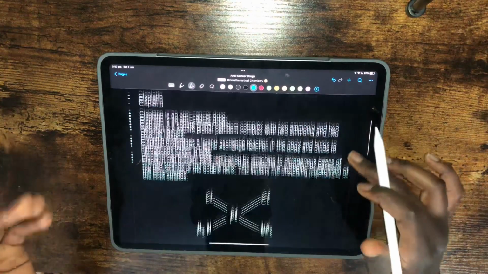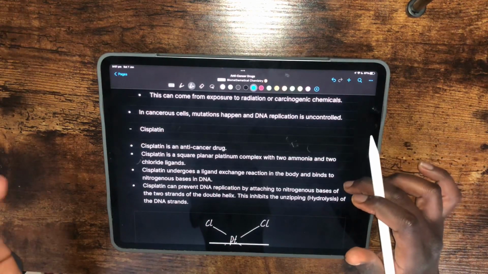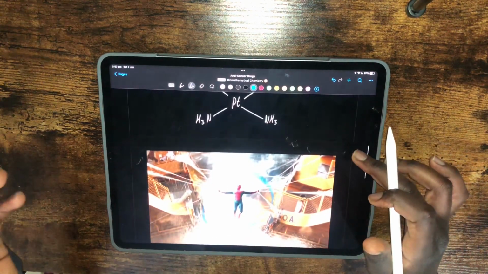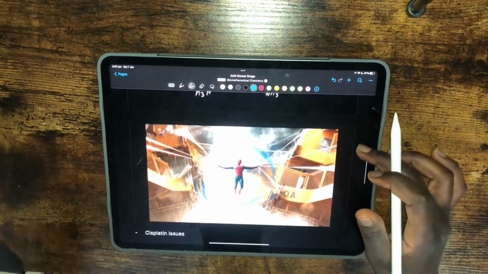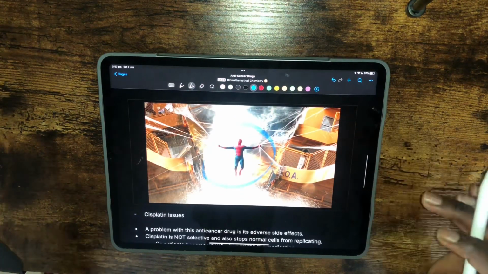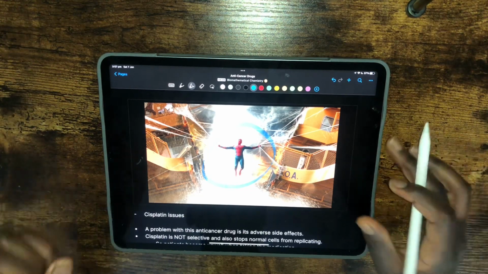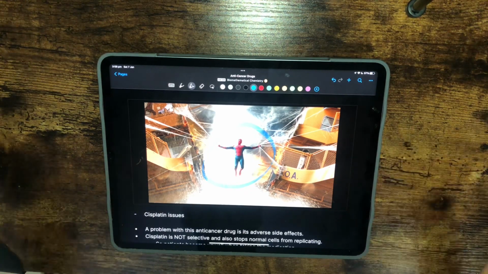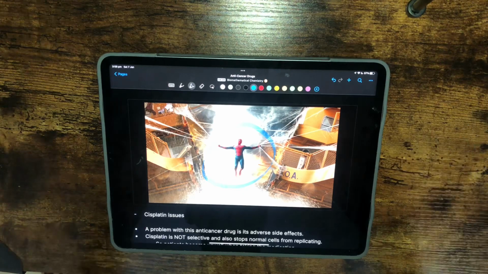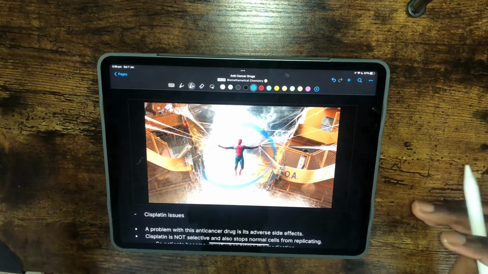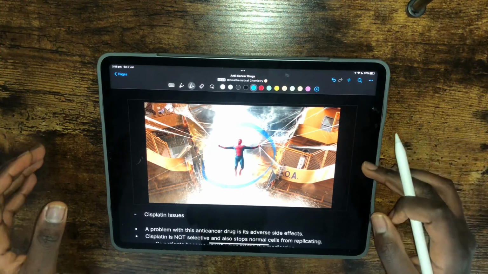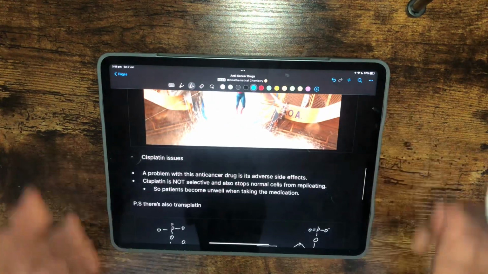The max is a 3 mark question asking you how cisplatin actually prevents progression of cancer. They don't even say DNA replication because that gives away the point. That's a point that they want you to explain. They'll say something along the lines of how does this particular cancer drug prevent progression of the cancer, and then you have to go and explain.